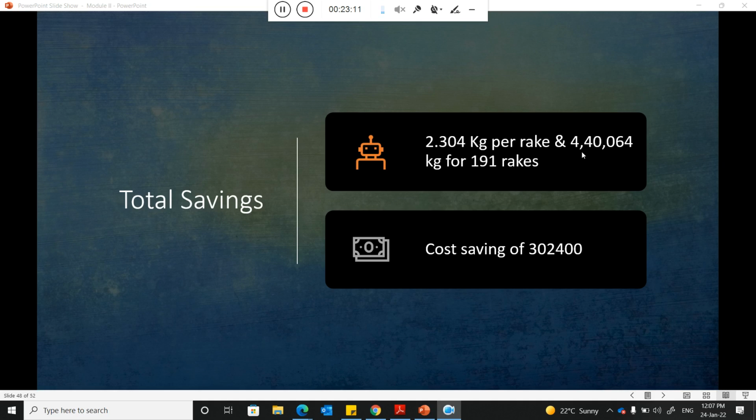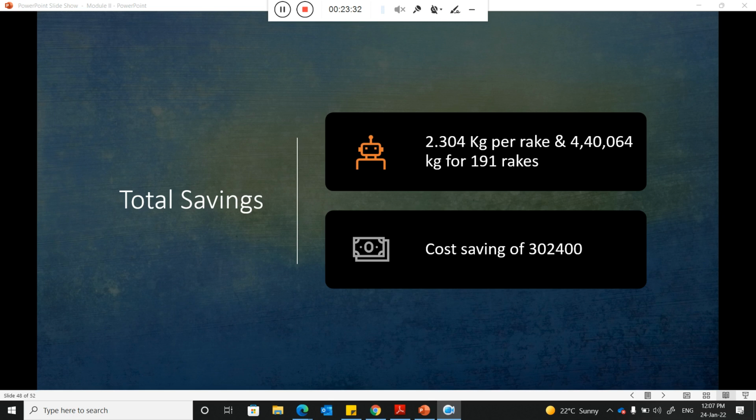Then you can save 4,40,064 kg. And the total cost saving in a particular car is 3 lakh 24,000. So that is the saving you can achieve by the use of value engineering.